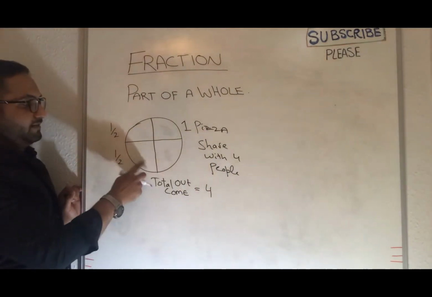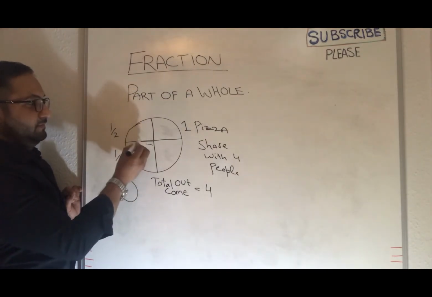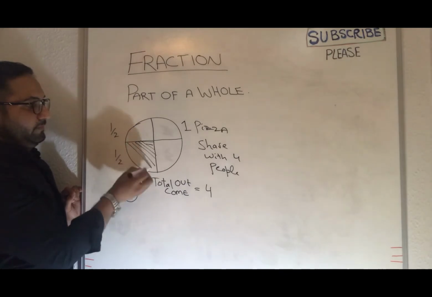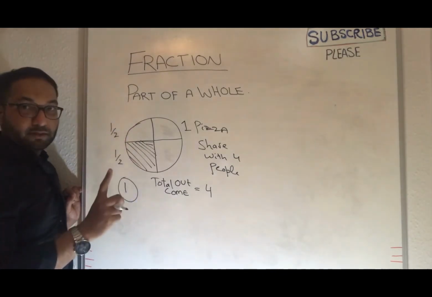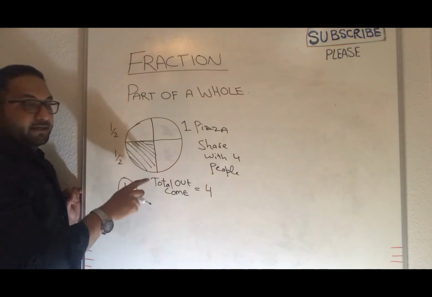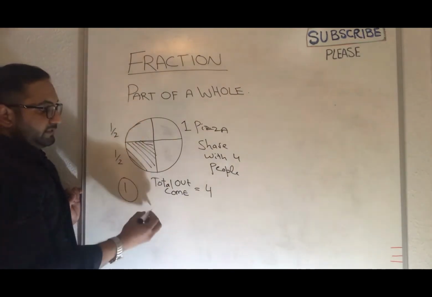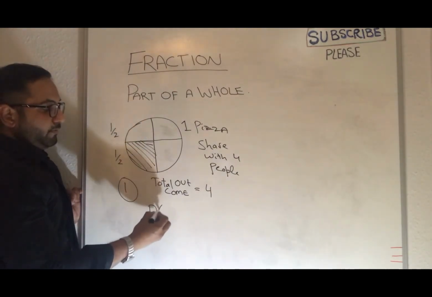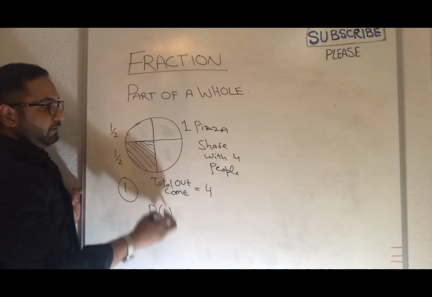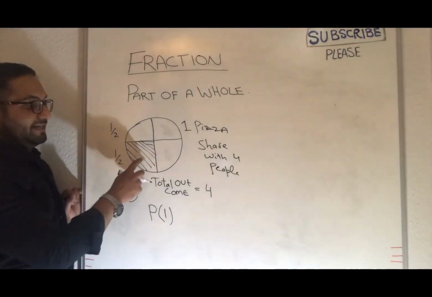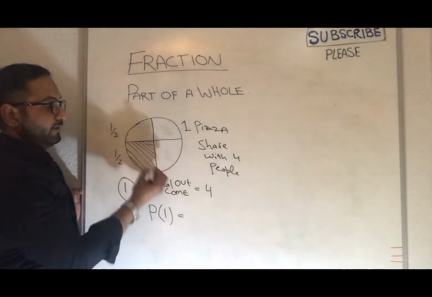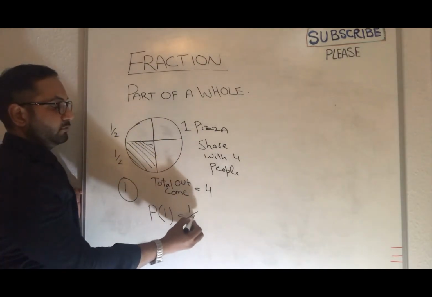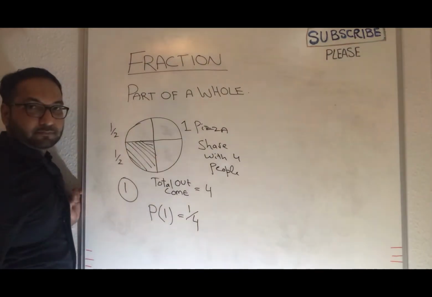If you need to find the share of this part, how many share this one? Only one, which I lined. So if we need to find the probability of one person for that shaded area, we can say this is one part out of 4.